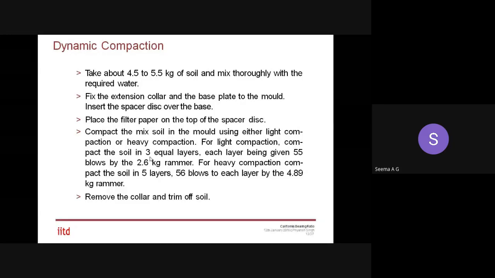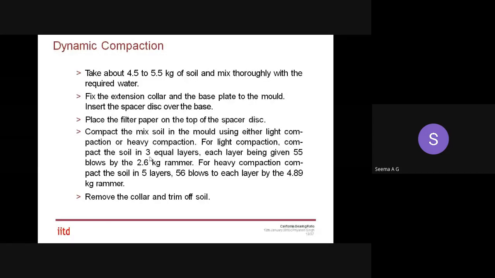In static compaction, after calculating the quantity of soil required with the sufficient quantity of water, you fill the sample in the mold. Then a static loading is given at the top of the soil mass. Or you can go with dynamic compaction, which is the one you do in your geotech laboratory.